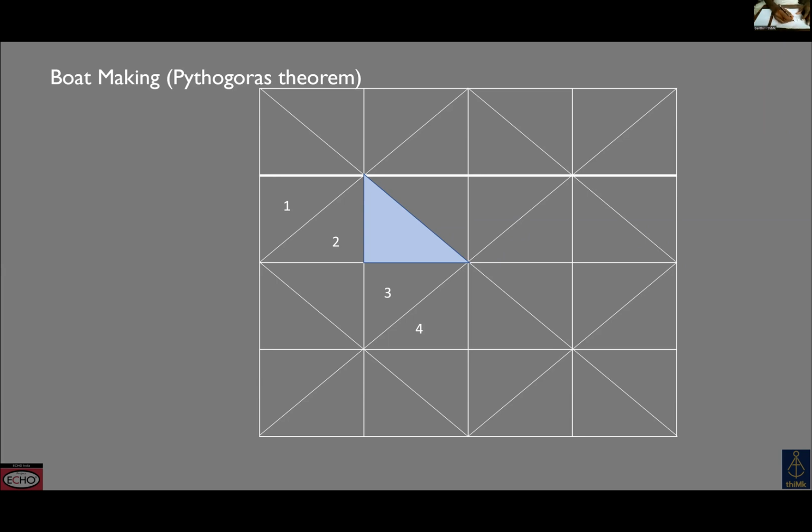We see those 1, 2, 3, and 4 all together on the other side. If we have this as A, B, and C, that gives us that AB square plus BC square is equal to AC square. It's quite easy to remember.